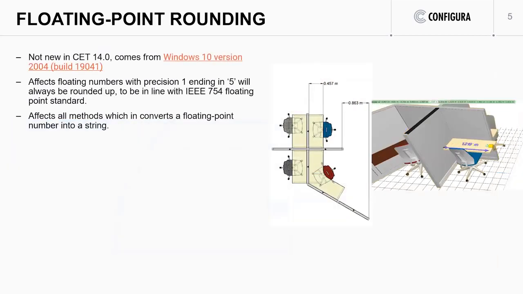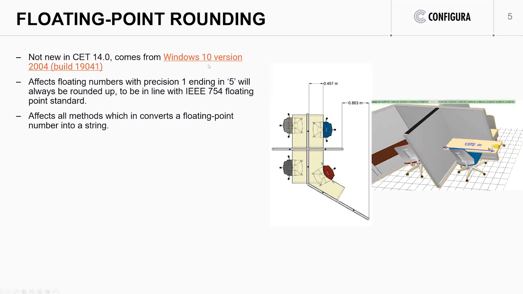Now next up, floating point rounding. This is actually not something new in CET 14.0, but it wasn't mentioned in the previous migration guides, so we're covering this in the CET 14.0 migration. This comes from version 2004, a Windows 10 update.